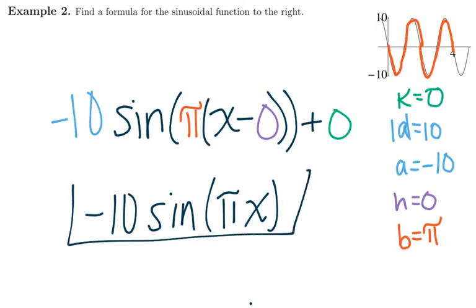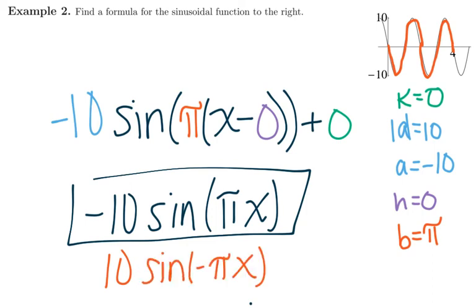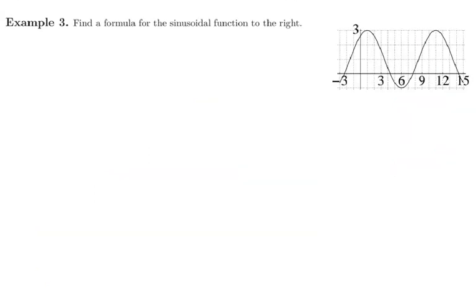This being our final answer. A perfectly acceptable alternative answer to this would be 10 times sine of negative pi times x. These two things are equivalent because the sine function is odd. So that means if we change the sign of our input, it changes the sign of our output.